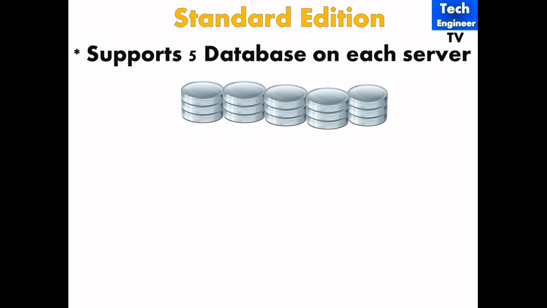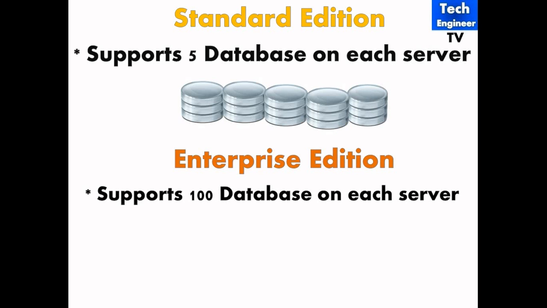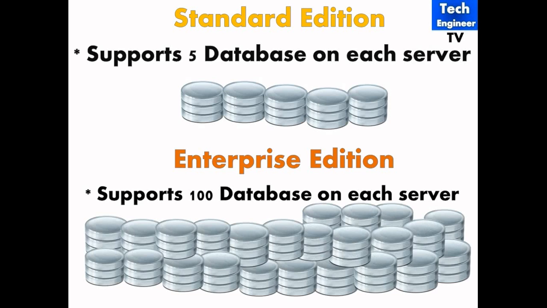If your infrastructure environment is small, then you can go with the standard edition. The enterprise edition supports 100 databases on each server. So these are the two basic definitions of the standard edition and the enterprise edition.